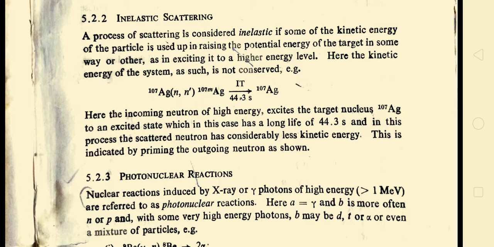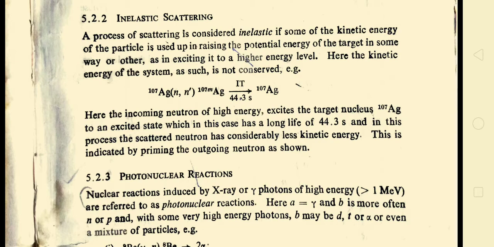And the third type is photonuclear reaction. Like its name, a photonuclear reaction is a nuclear reaction induced by light or photons of definite energy. Here the energy of the photon is considered greater than 1 MeV, and it is referred to as a photonuclear reaction.